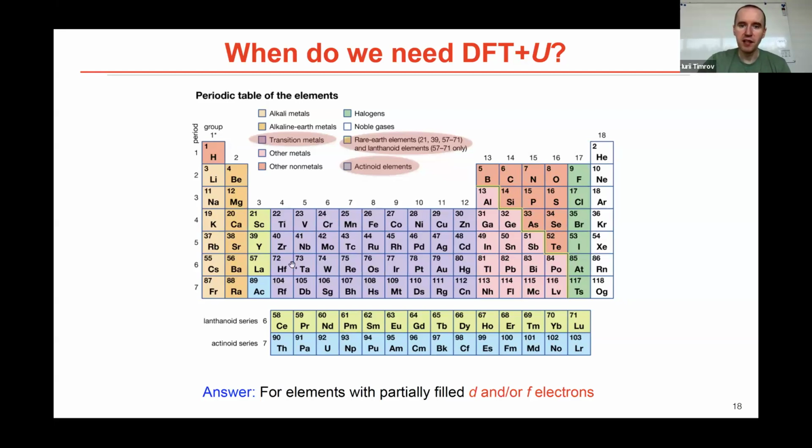Let's say for the family of materials that contain transition metals and rare earth elements, we need this Hubbard-U correction. But in other materials, let's say gallium arsenide and other semiconductors, we don't need Hubbard-U. We can use other methods, let's say hybrid functionals, that are more appropriate for those materials. So this is the problem. We don't have a universal exchange correlation functional that works for all.